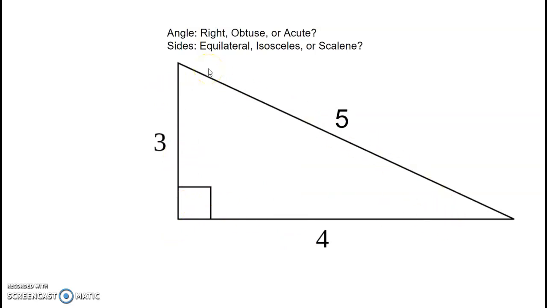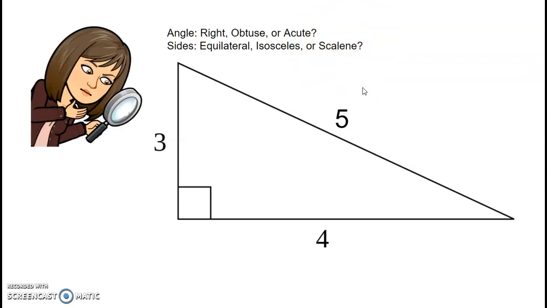Are any of those numbers equal? No, they are not. And because all 3 side lengths are different, I know, just like the last one, it is a scalene triangle. So the name of this triangle is a right scalene triangle.